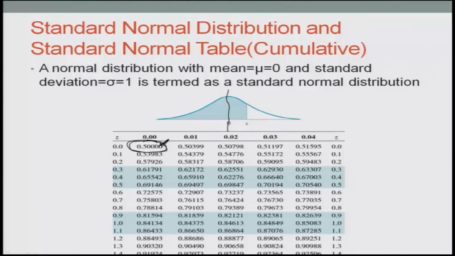Now, similarly, if I want to find the CDF value from minus infinity to, for example, 0.3, then the overall area is 0.61791. In case I want to find the overall CDF value from minus infinity to, for example, 1.3, then the CDF value is 0.90320.